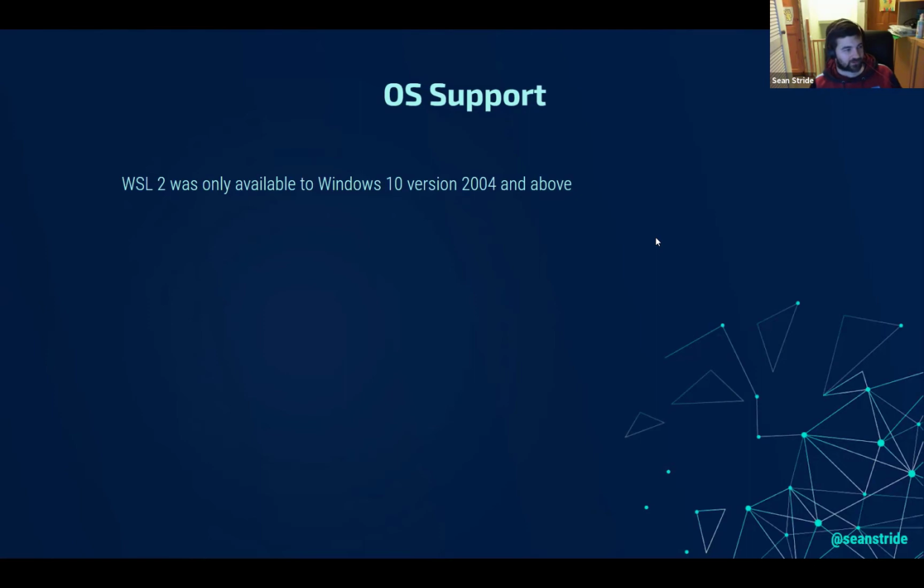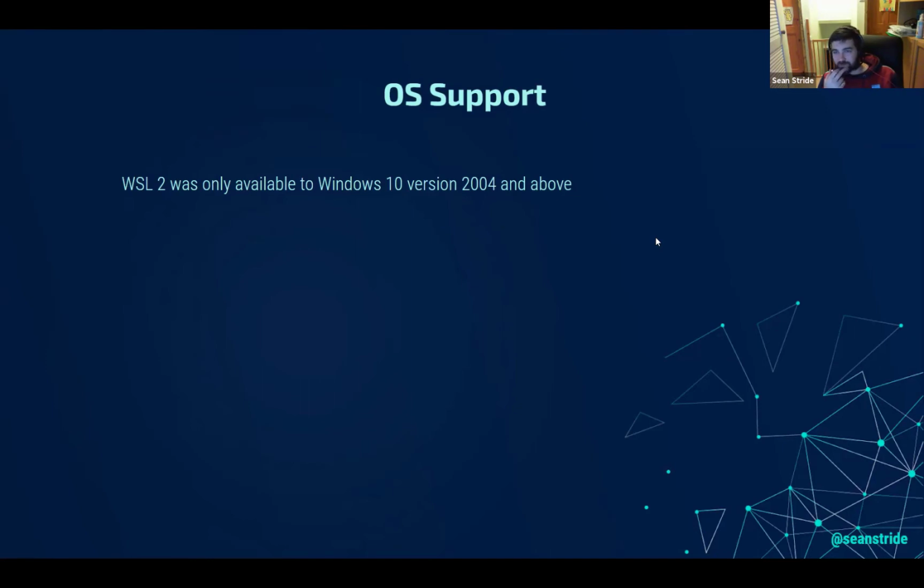This is related to WSL2. A lot of people might have seen this. If you were interested in WSL2 when it first came out, you had to be on Windows 10 version 2004, which was April 2020.